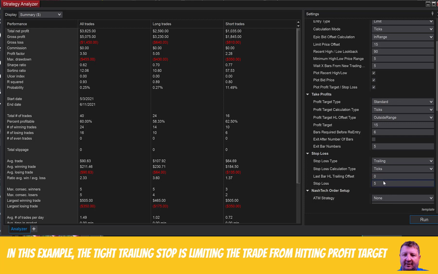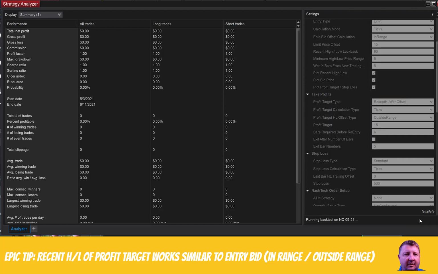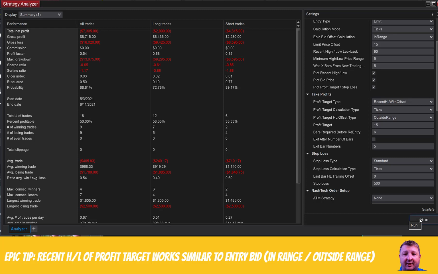I'm sure if we have a stop loss of 500, not trailing but standard, our recent high-low would have triggered many times. I think it was always getting hit by the trailing stop loss, which is okay. Obviously, these results are not what you're wanting, right? This is what optimization is for.